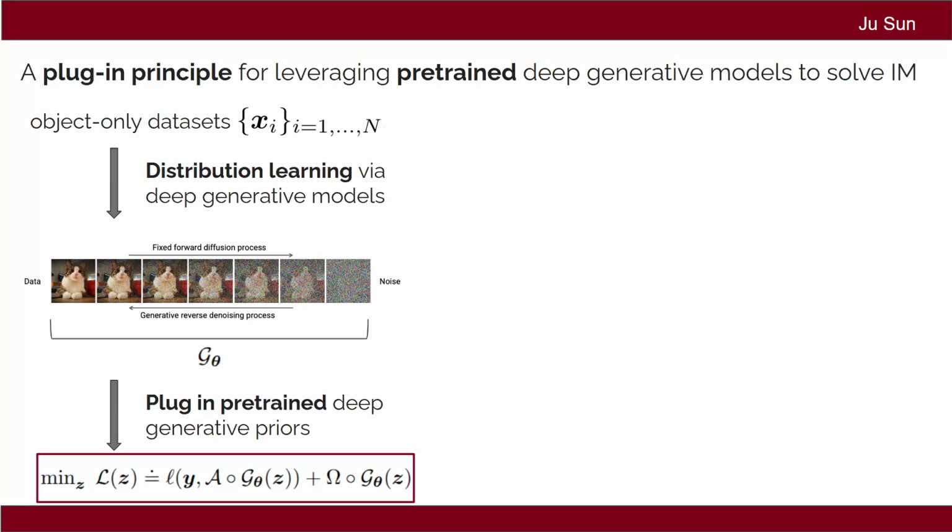Remember, last slide I showed an optimization formulation. We just plug that into this, and so you end up with an optimization problem. The advantage of this kind of approach is that you are still using a physical process, so we are still using physical knowledge. And you are also using data-driven priors, which is what a generative model provides to you.